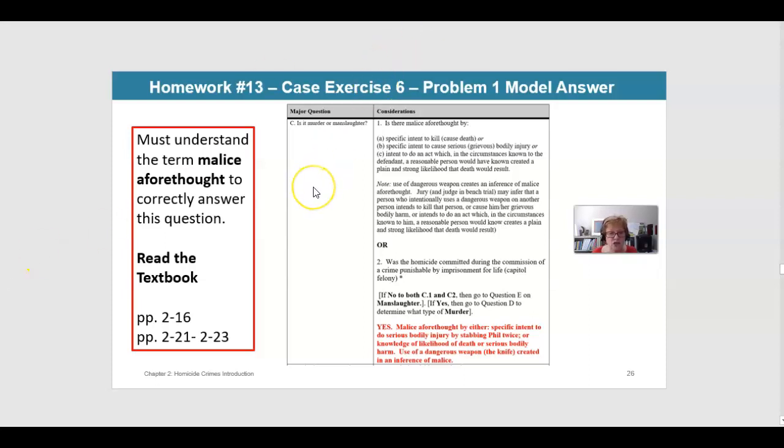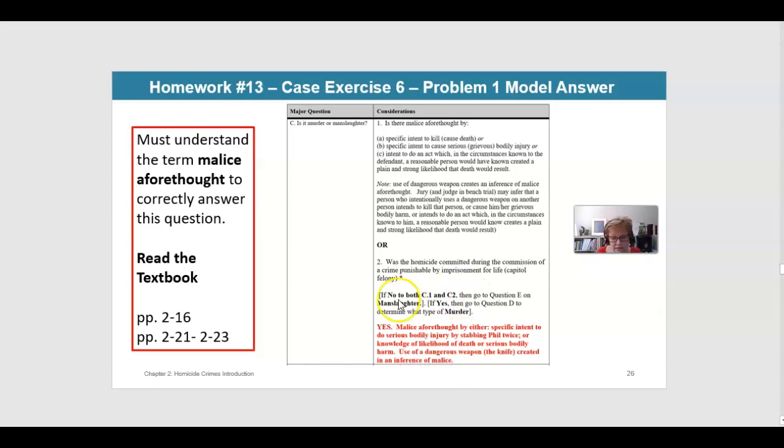So I strongly suggest that you would be well advised to print out each chapter as we come to it, have it on your desk, and use it when you're doing your homework. You can also use it when you take your exam, and I'm going to bet that it's a lot easier to take an open book exam when you've got the textbook in paper in front of you. All right, so moving on.